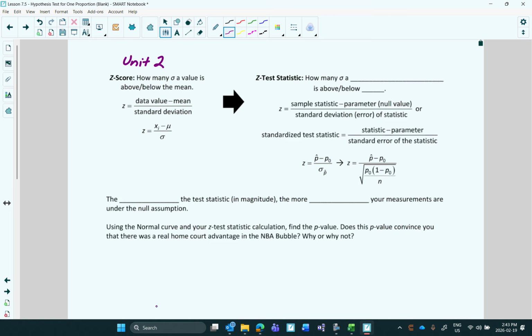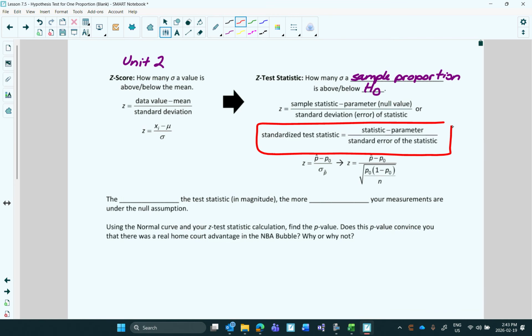It represents how many standard deviations a sample proportion is above or below the null hypothesis, or the null value. And like I said, you will always get this. This is on your formula sheet.